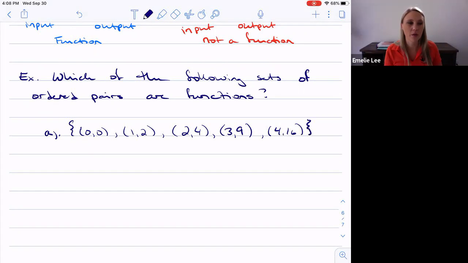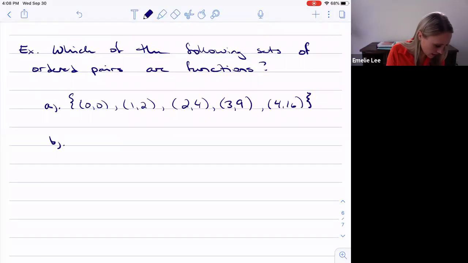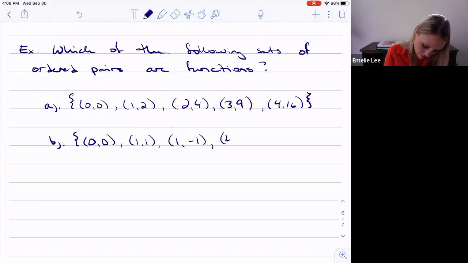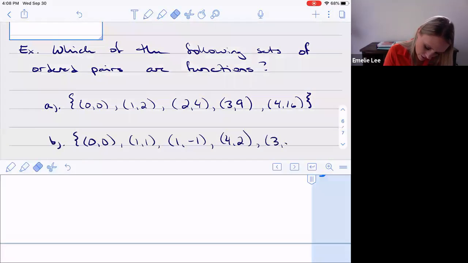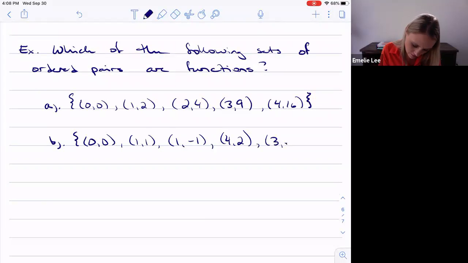We're not talking about what the function is that does this quite yet, right? So even though you might be able to see it here, again, we've got 0, 0, which is the origin. 1 goes to 1, 1 goes to -1, 4 goes to 2, and 3 goes to -2. Whoa, what the heck? 3 goes to -2.